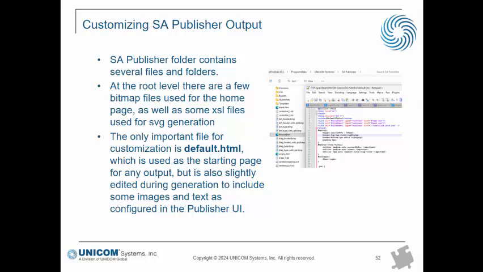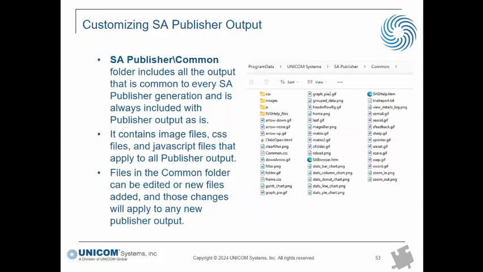The only important file in the root directory for customization is default.html, which is used as the starting page for any output, and is also slightly edited during generation to include some images and text as you've configured it in the SA Publisher UI that we looked at.